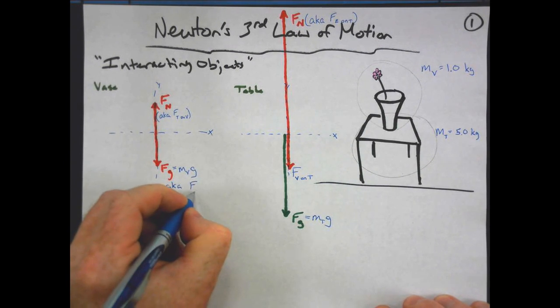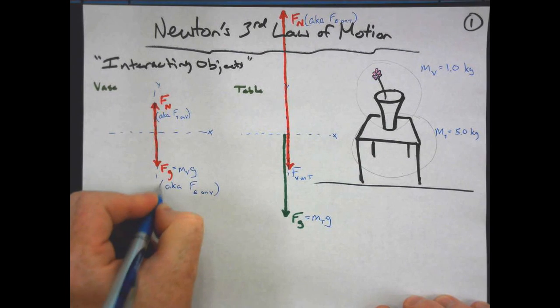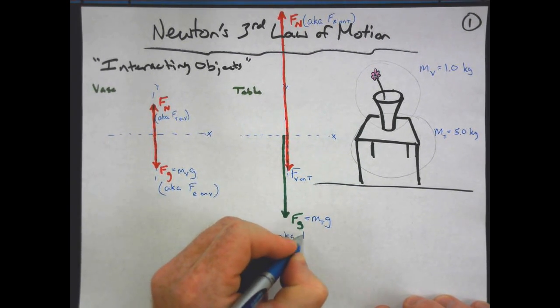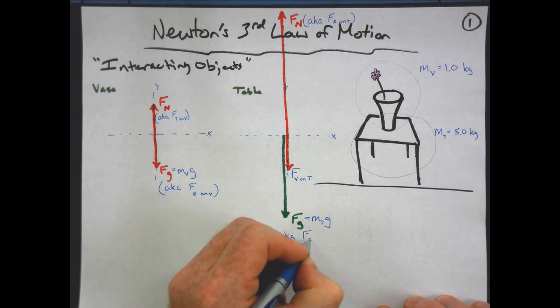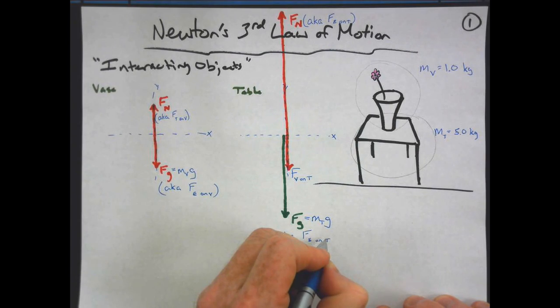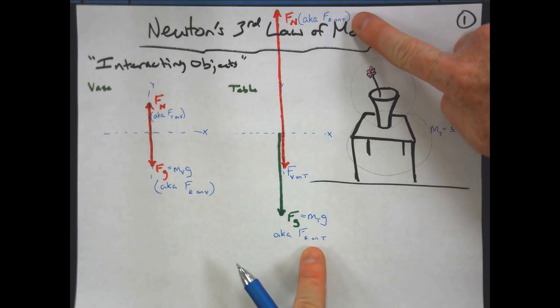The Earth. Earth on vase. This one, also known as force of Earth on table. That's interesting. Uh-oh, that might get us into trouble.